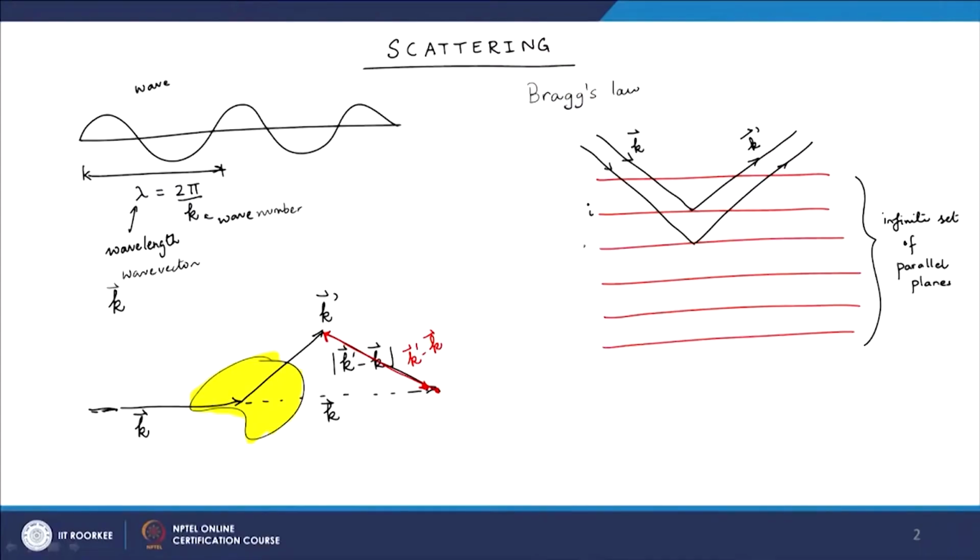So, then if I look at say two adjacent planes, let us say i and i plus 1, and if I look at the scatter through them, then these two differ in the length of the path by this small amount. This is the length difference that we see between the two waves and their scatter between two adjacent planes, okay.